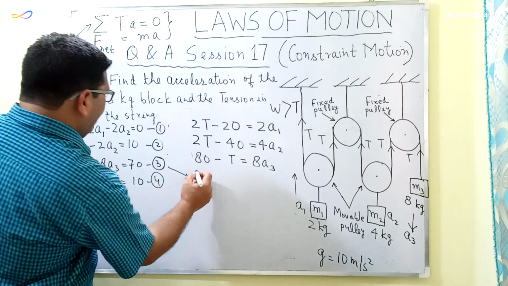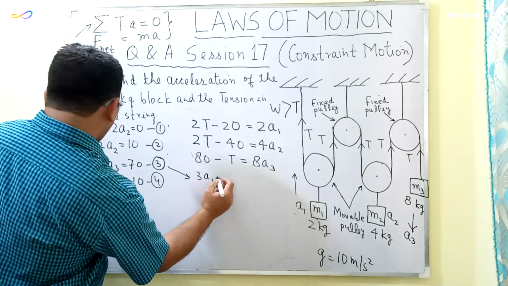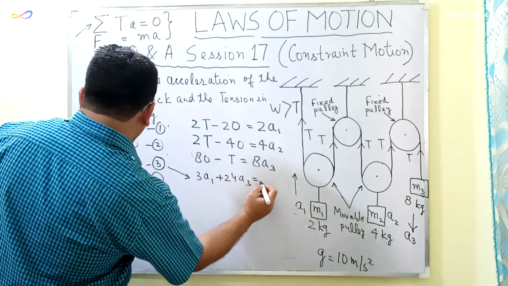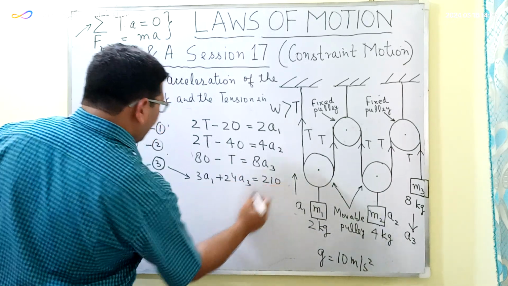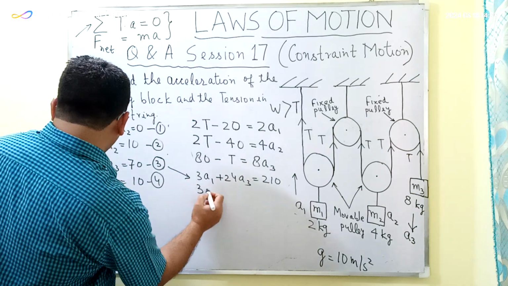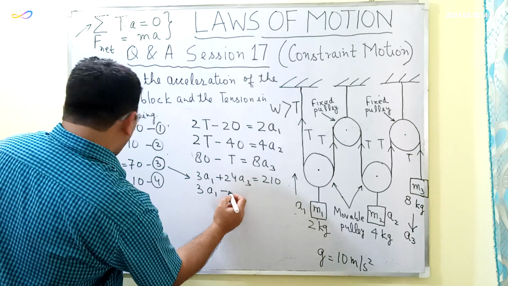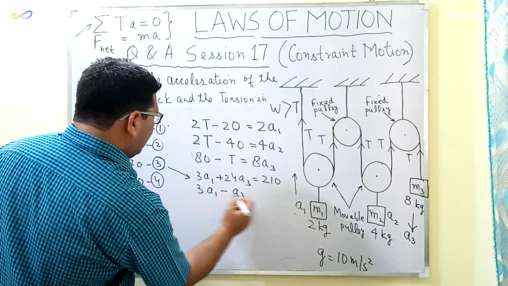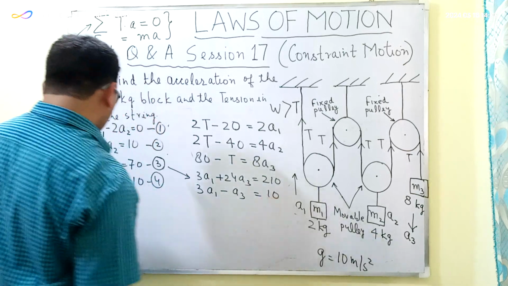If I multiply this, I will be getting 3A1 plus 24A3 is equal to 210. And this is equation number 4, which is 3A1 minus A3 is equal to 10.